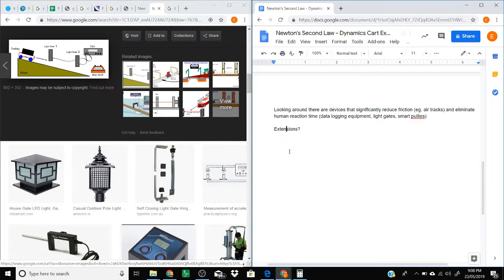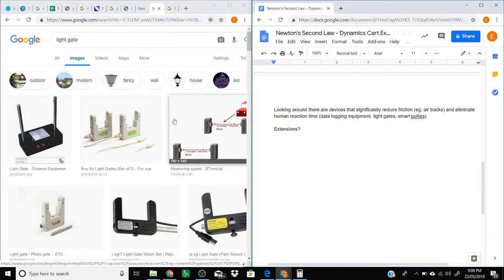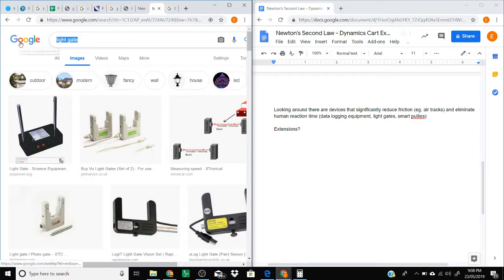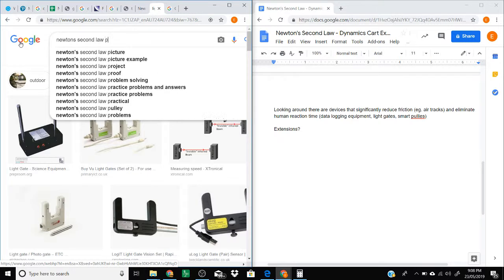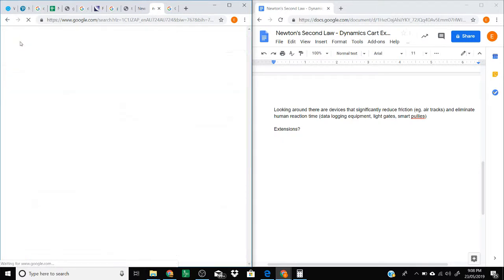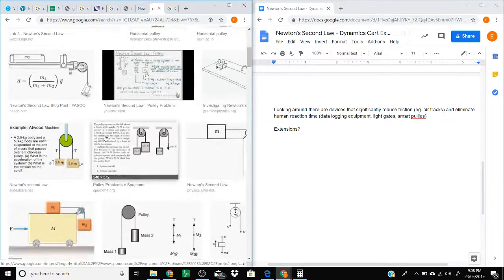Okay, extensions. If you have a look around, there are other ways to do the experiment, not just in terms of reducing error. That's the improvements. Extensions. When I looked around at Newton's experiments, I found some other ways to go about doing this.